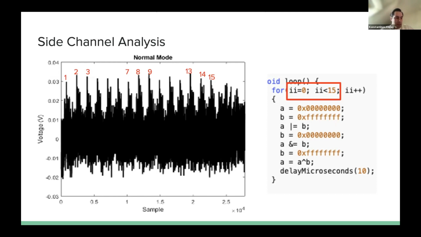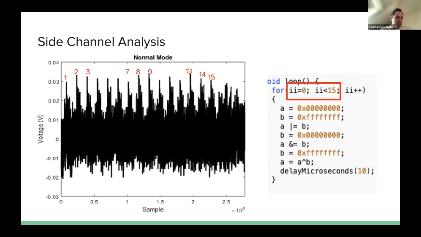Now, focus your attention on these two images. For example, the signal on the left gets emitted while the C program on the right is executed inside an Arduino device. Notice the peaks, please. Such spikes are indicative of memory I/O operations. Now, notice their number.